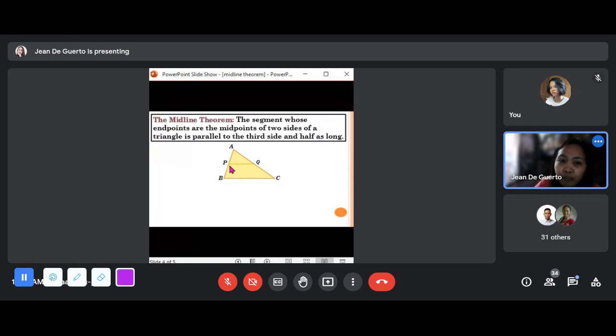So if segment PQ is the midline, that means the measure of your segment PQ is 1/2 of your line segment BC. So if line segment PQ has a measure of 2 units or 2 centimeters, what will be the measure of segment BC?